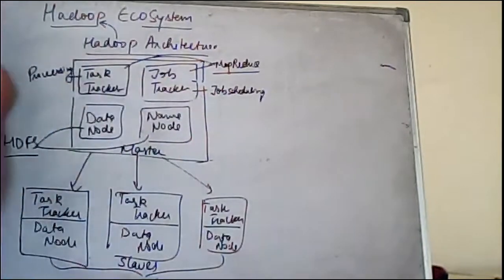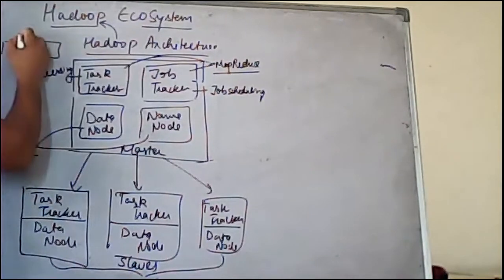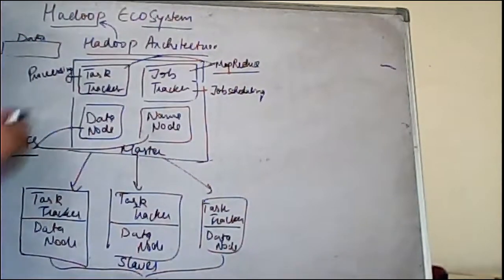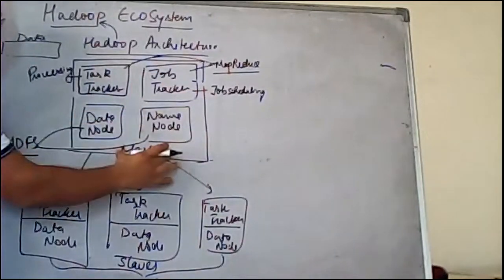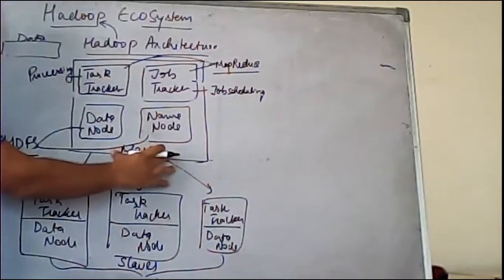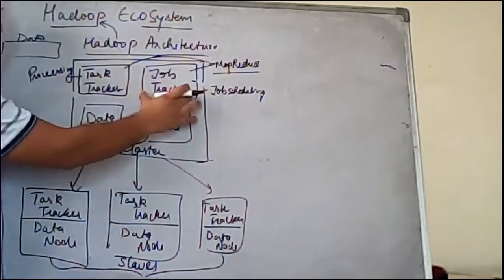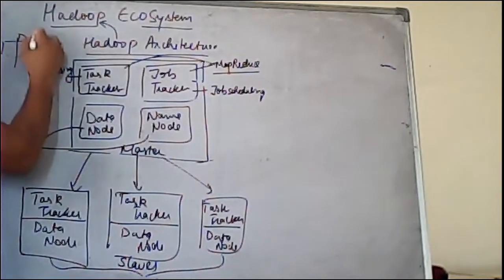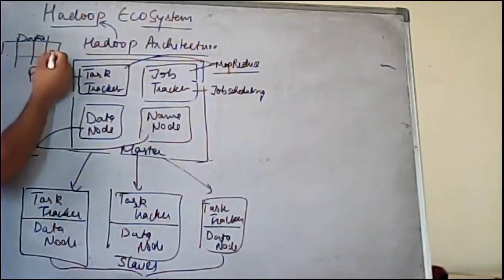All the tasks, or you can say your data, that is unstructured data, will be there. In your master node there is a task tracker and a job tracker, and this data will be divided into blocks.